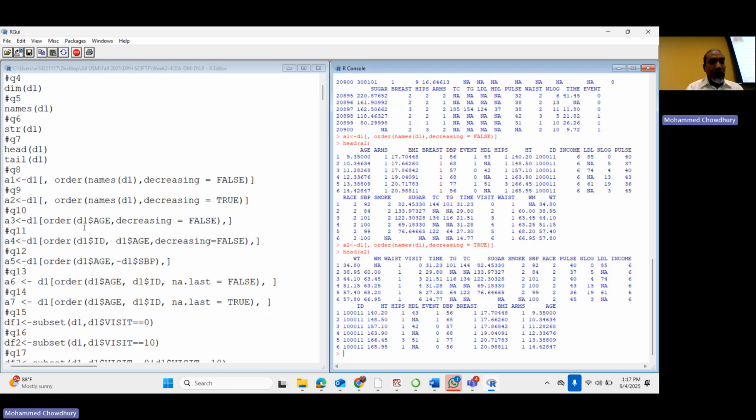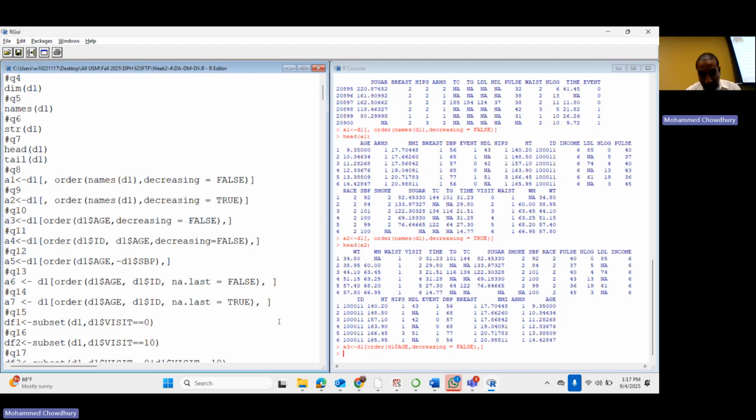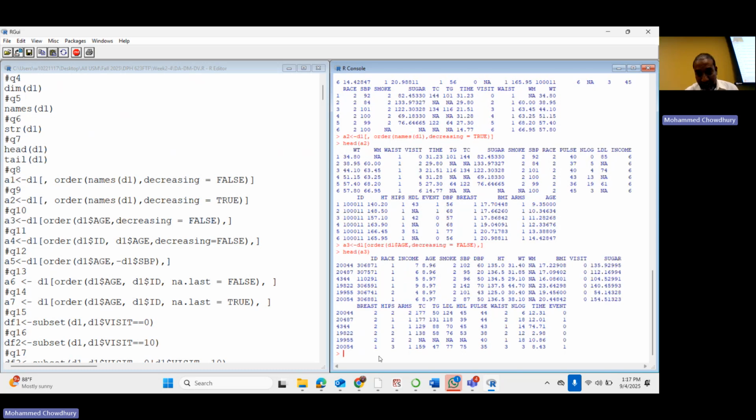Question number 10 is telling you to sort the D1 data by the age variable so that age appears from smallest to largest. For example, if I run this, Control R, and then take a look at the head of A3 and the age variable, where is age?